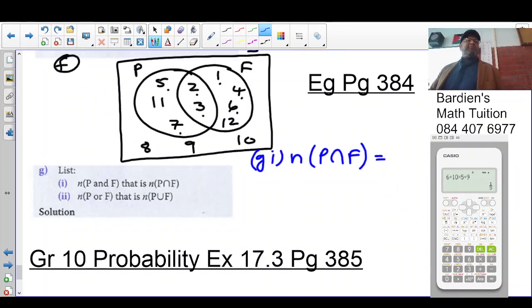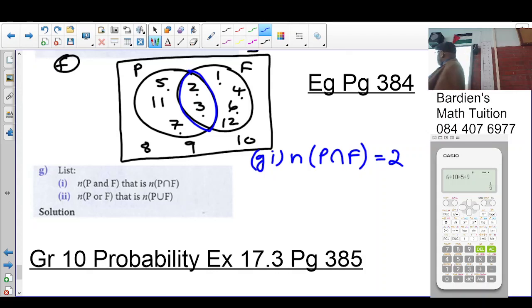The number. So how many are in P intersection F? This space is the overlap, the intersection. How many elements are there? 2. The answer is 2.